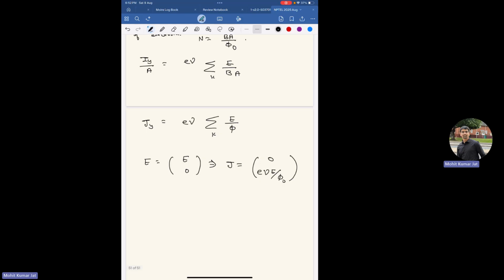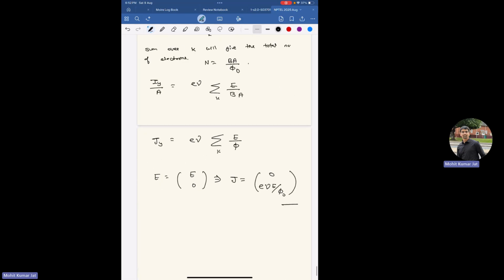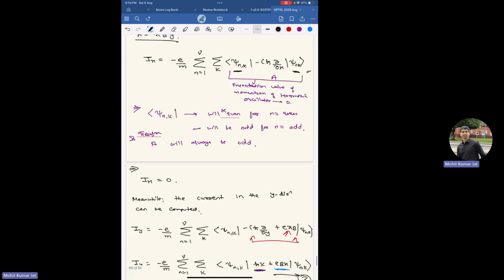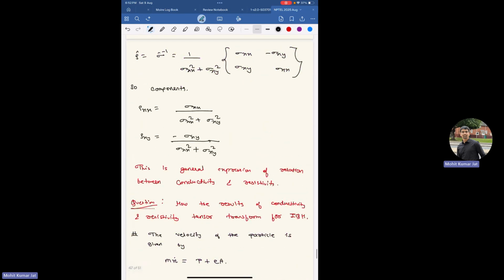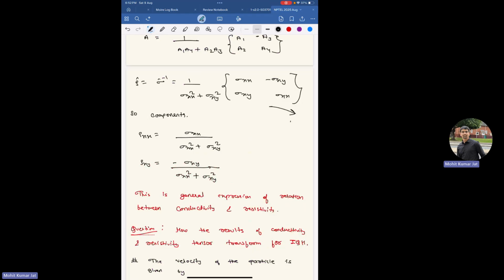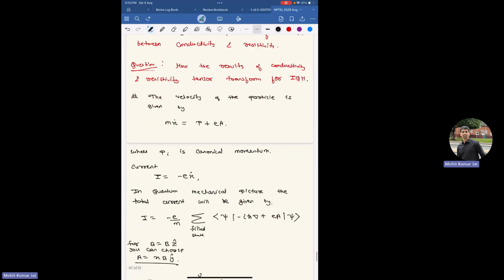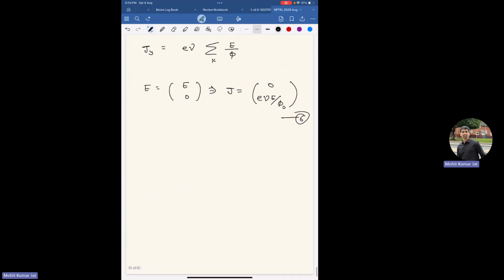And in that case, if you compare equation number 6 with the equation we had derived here, let me call it A, we know that J equals sigma E. This gives your sigma matrix: sigma xx to be 0 and sigma xy to be minus e nu by phi naught.